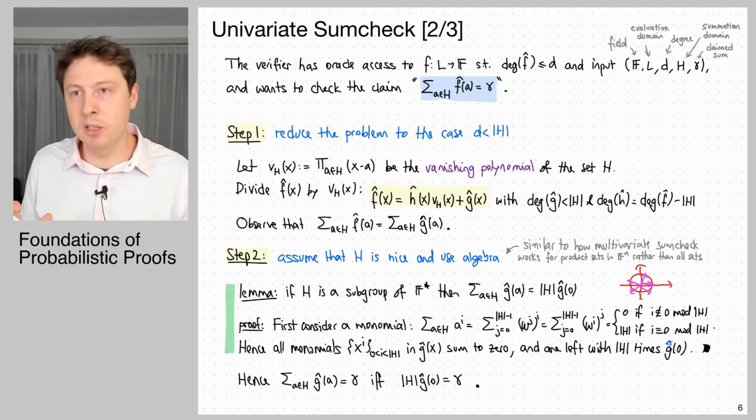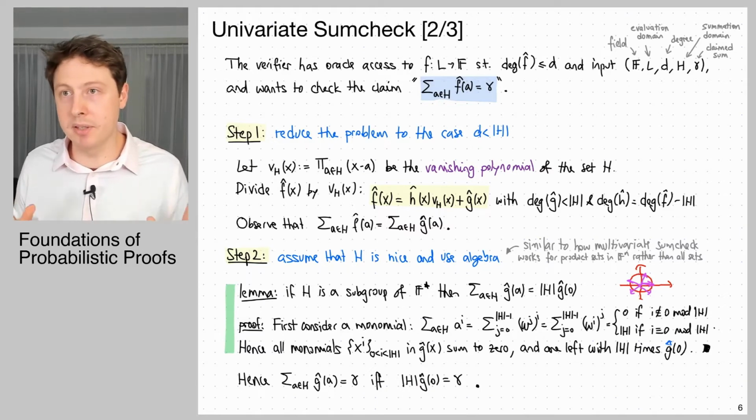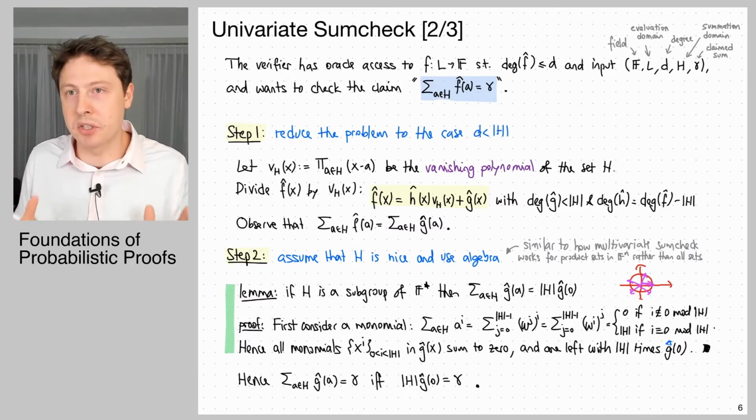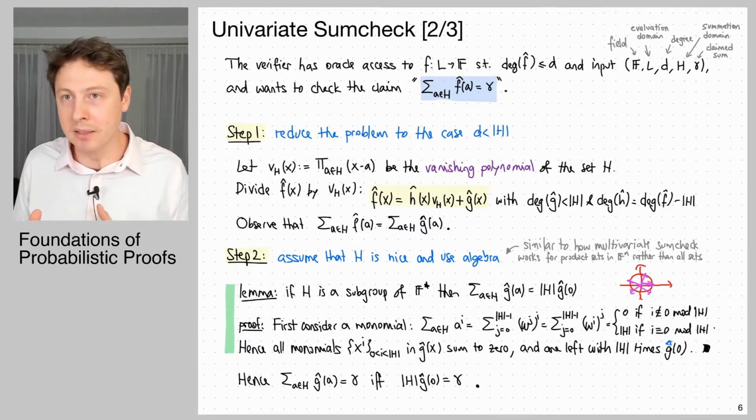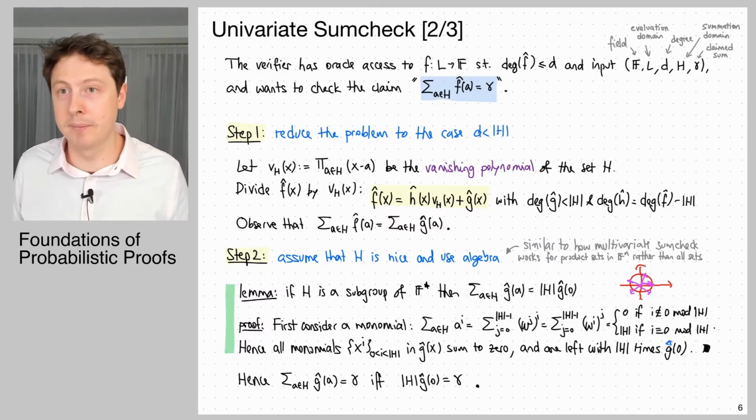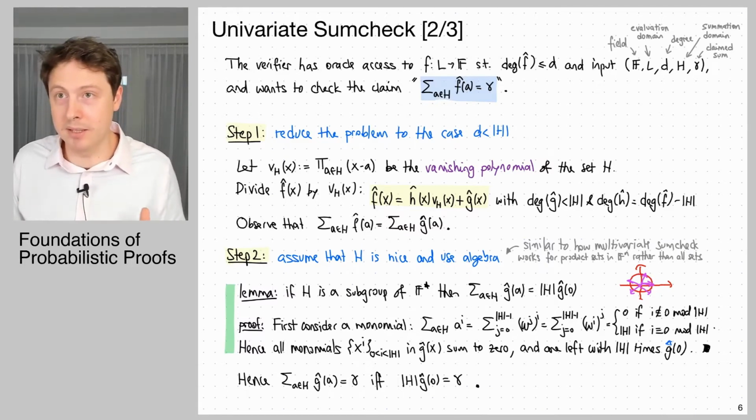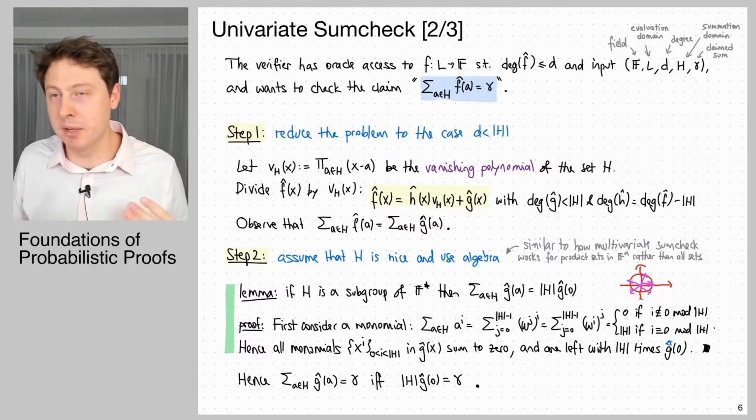For univariate polynomials summed over a multiplicative subgroup, if I want to convince you that it has a certain sum, I need to convince you that the constant term of the remainder is something. Okay? That is my goal. That is my way of telling you the sum is this much, right?